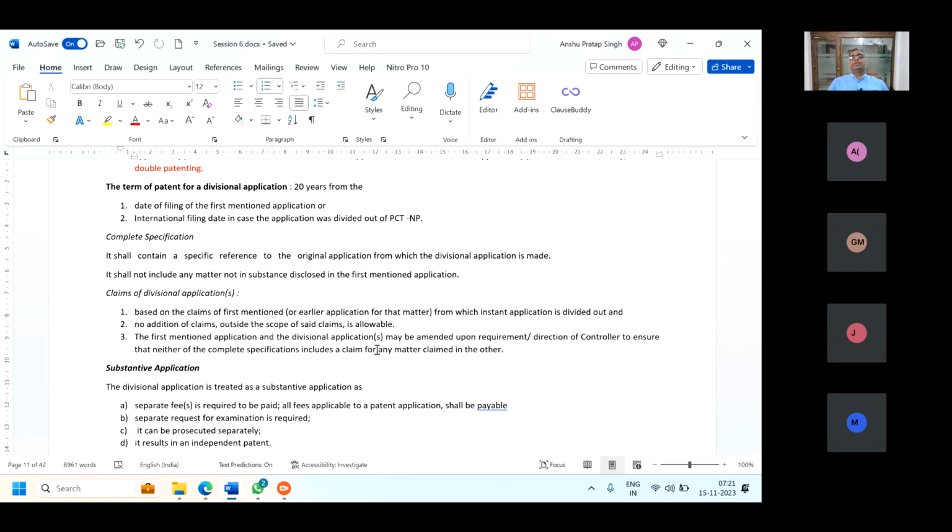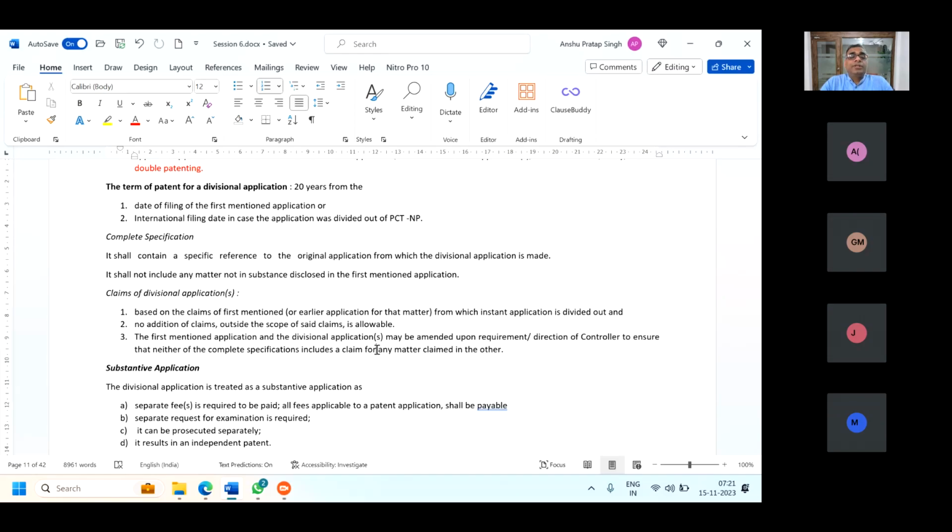It is like this: I claim something within a boundary A, B, C, D. You cannot now introduce E. It should be within the boundary of A, B, C, D only. The only thing is it will be ABC or BCD, whatever, depending on how you have divided the invention so that they don't overlap. But it cannot be in such a way that you are now claiming something more than what was claimed earlier.